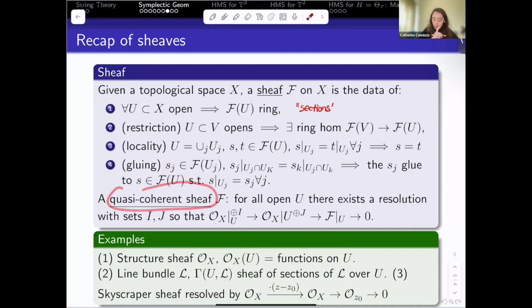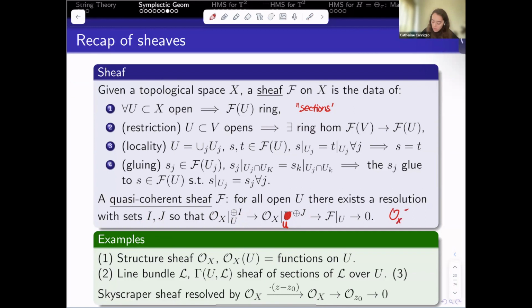A quasi-coherent sheaf is a generalization of a coherent sheaf. A coherent sheaf is almost a vector bundle. It means that locally on open sets there exists a resolution with a finite set, so that the sheaf is a direct sum of n copies of what's called the structure sheaf.